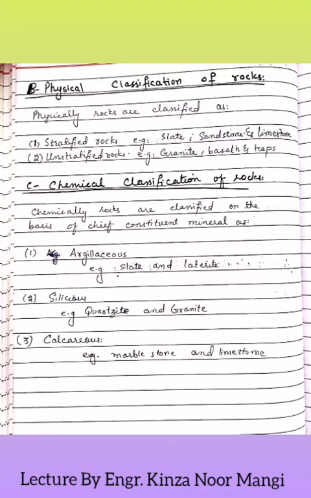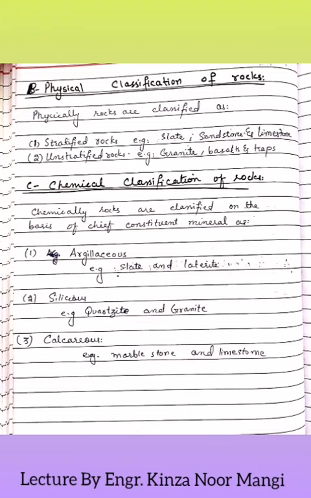Mostly igneous rocks are unstratified rocks, whereas sedimentary rocks are stratified rocks. Metamorphic rocks may be stratified or unstratified depending upon the original rock that underwent the changes.